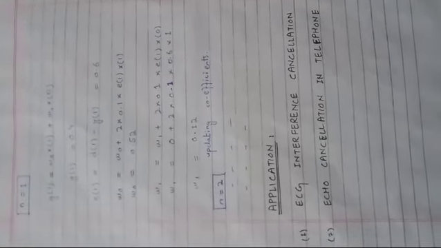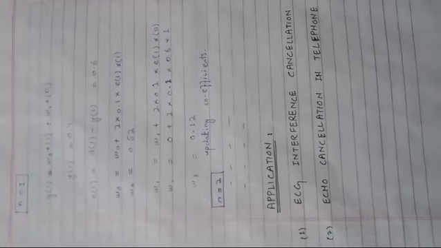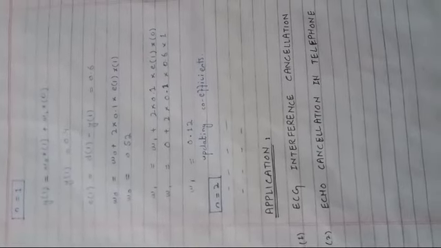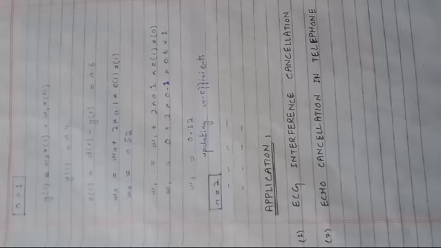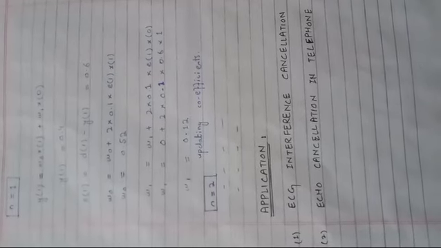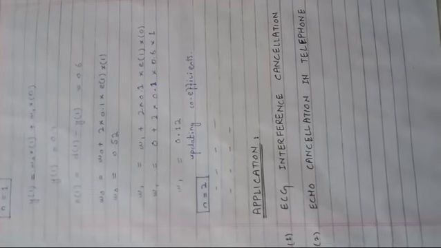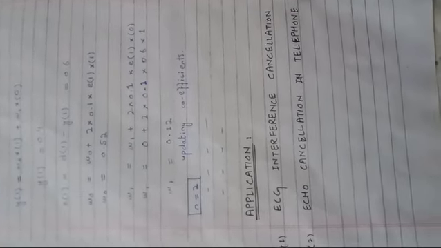Finally, we will go through some of the basic applications of adaptive filters. Since adaptive filters have self-adjusting characteristics, they have various applications, but here we will consider the major two applications, which are the ECG interference cancellation and echo cancellation in telephone or telecommunication systems. So, firstly, we will go through ECG interference cancellation.